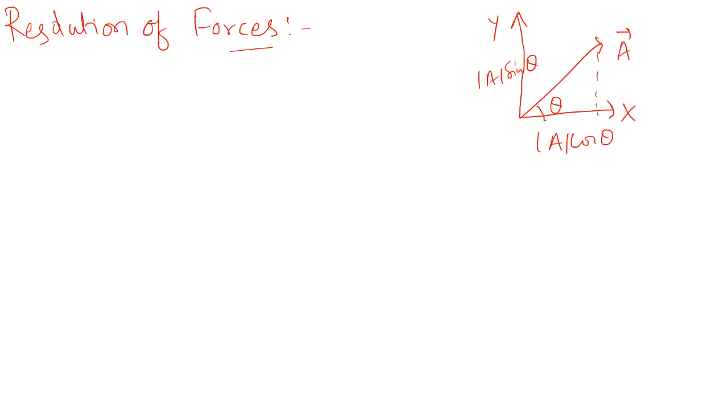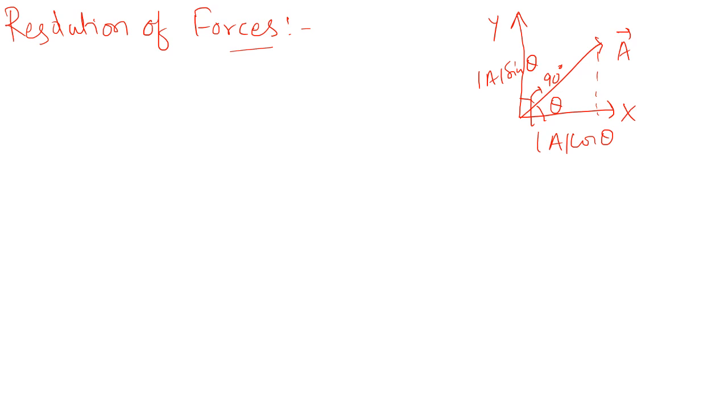But what happens when the angle between these two axes is not 90 degrees? If the angle is not 90 degrees, then the story is totally different.